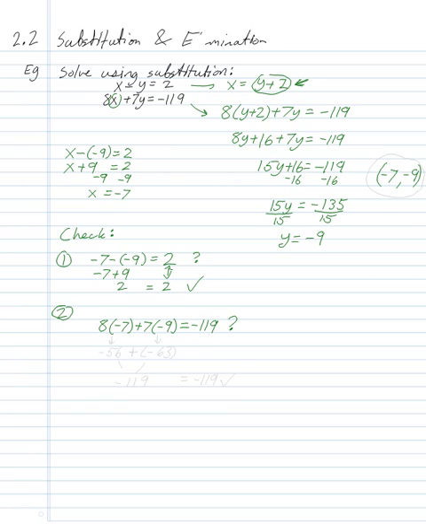Well, if we crunch some numbers and use the order of operations, the first thing I see is that negative 7 times 8 would be negative 56, and negative 9 times 7 would be negative 63. So, is negative 56 minus 63 negative 119? I believe it is.